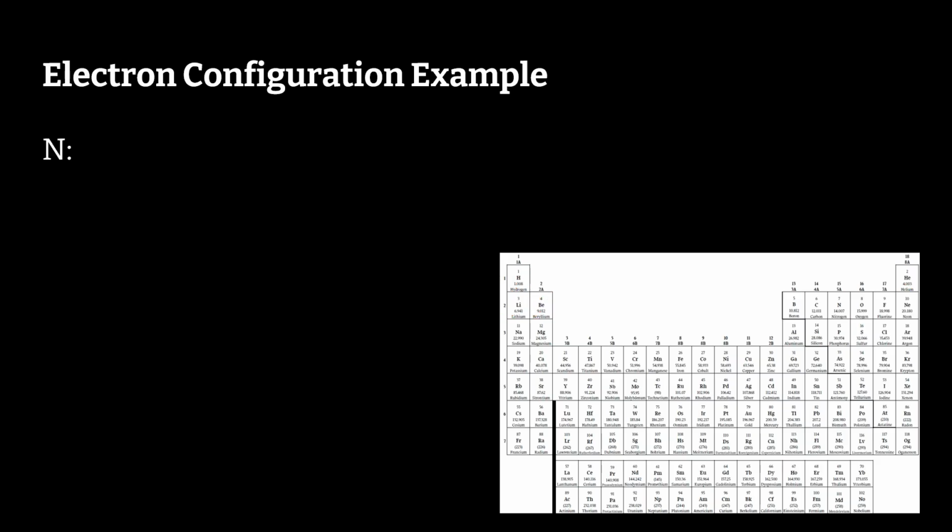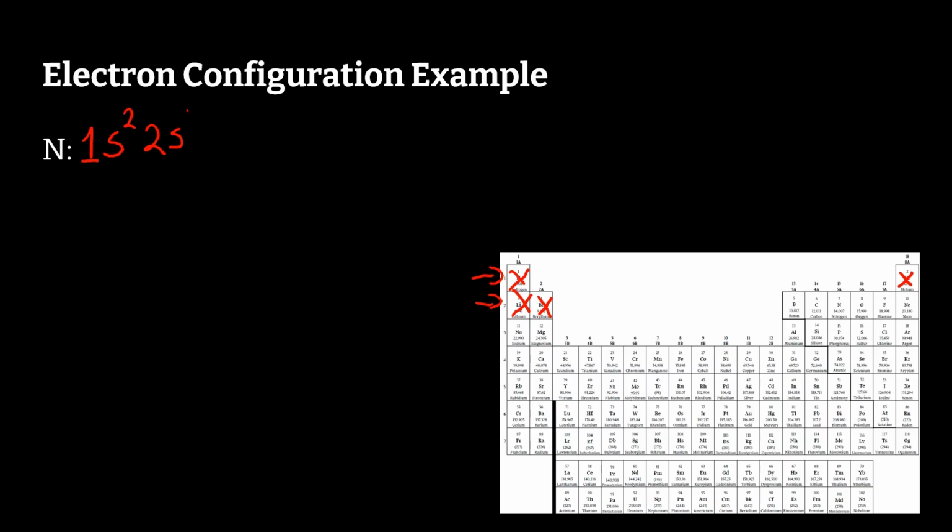Now taking a look at nitrogen. Same idea. Energy level 1, we enter into the s block. It's able to hold 2 electrons. At the end of the periodic table, we move to energy level 2. We enter into the s block, and it is able to hold a maximum of 2 electrons.